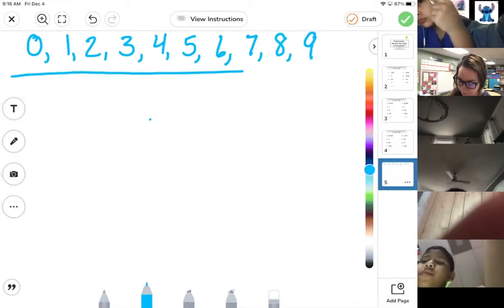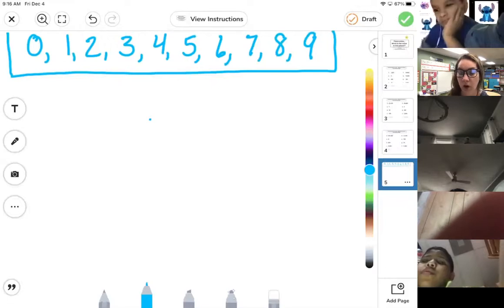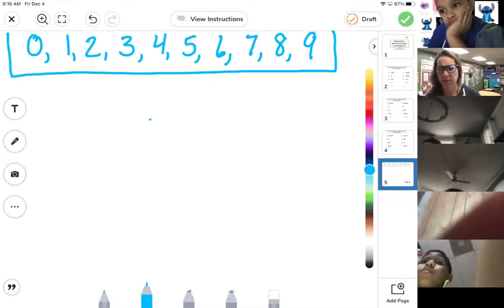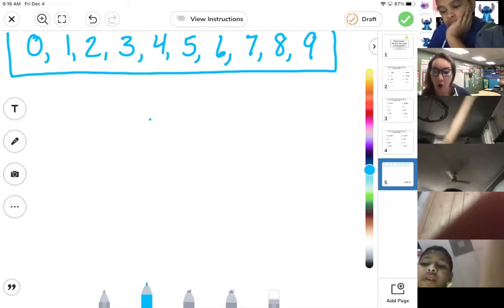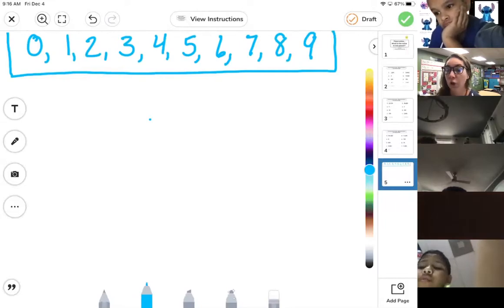These are all of the digits in the entire world, or at least in our English language of numbers. There are Roman numerals and other versions of numbers, but these are all of the digits in our number system. But their value changes based on where they are put.